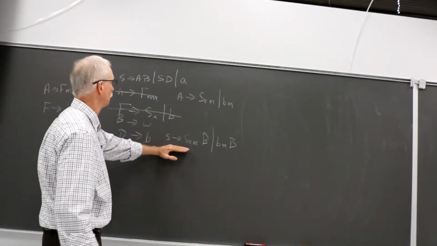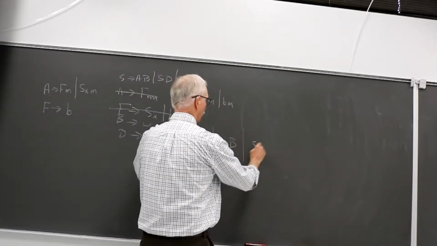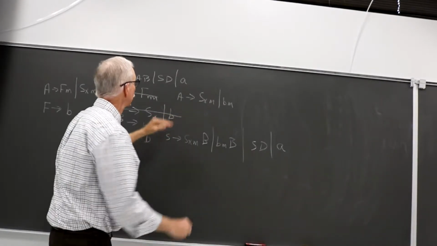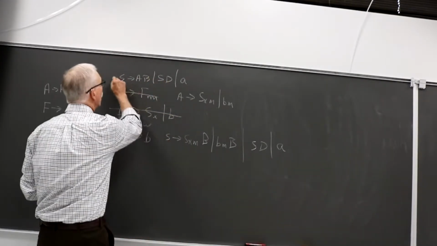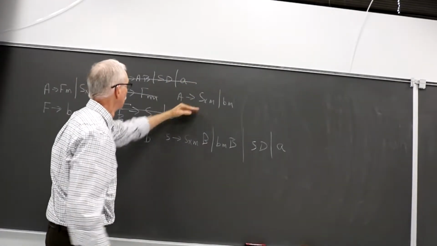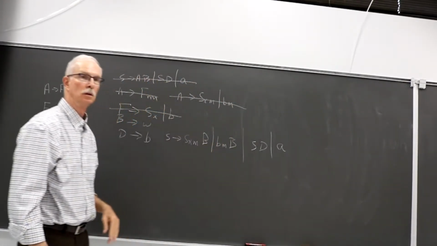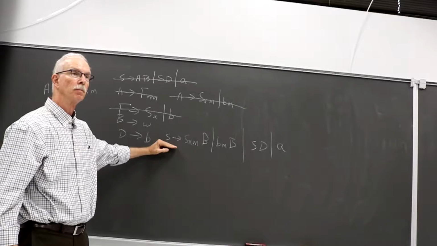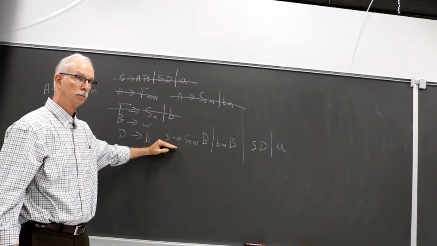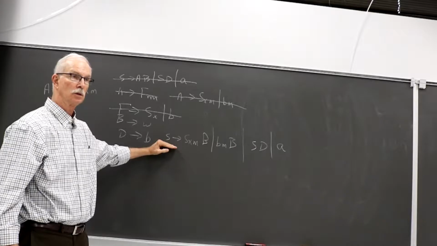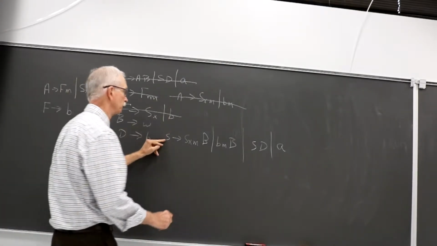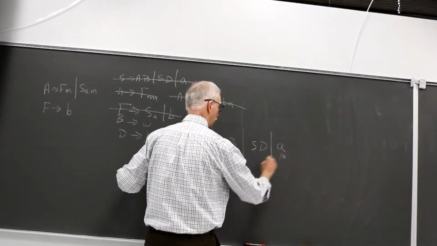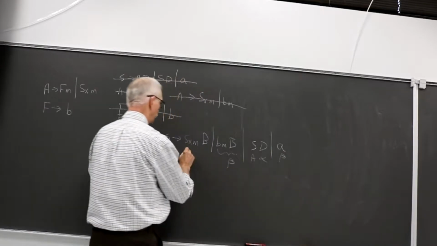All right, so I got this SD or A. So now I don't have this anymore, and I don't have this anymore, and I have this. Yes? See how I got that? So now I've got beta, A alpha.